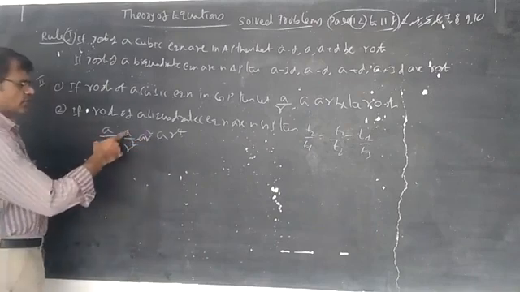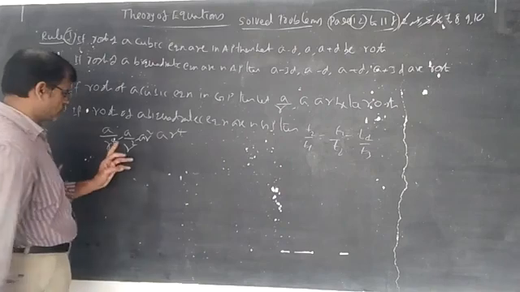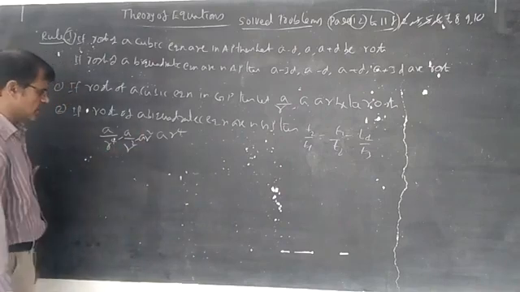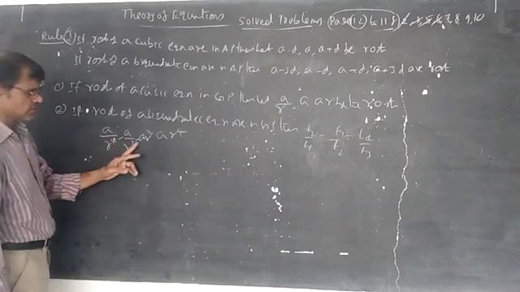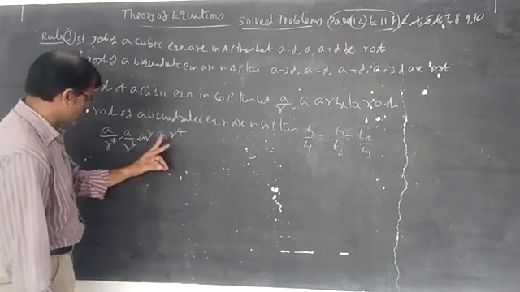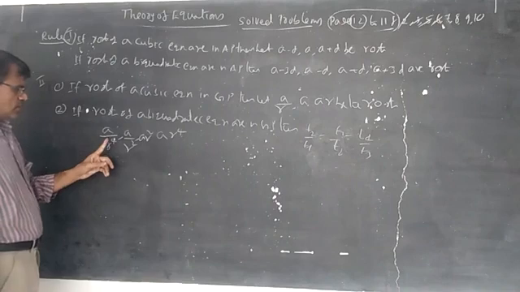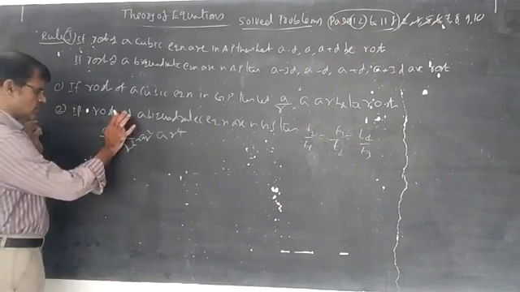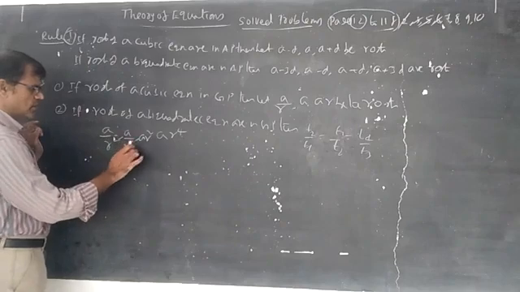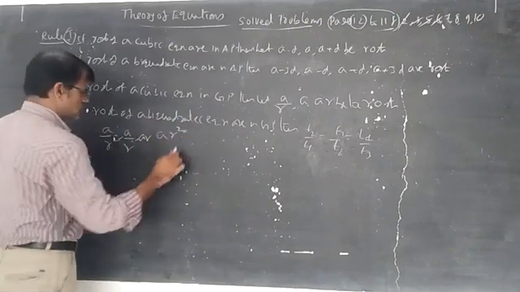A by r power 4, a by r square, a r power 4. This and this total will get cancelled. A by r square, a by r power 4 plus a by r square plus r square, a r power 4. Like that, if we think here a by r square, students, a by r, a r, it is also better.